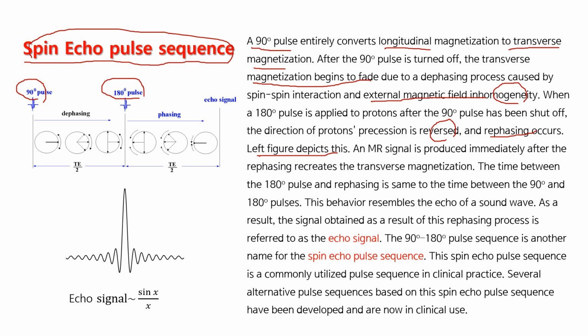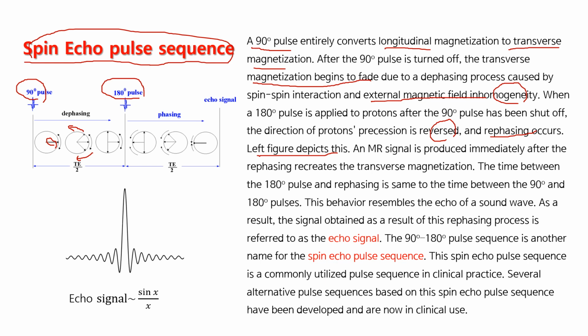Once the 90-degree pulse is turned off, the spins are dephasing due to the spin-spin interaction and magnetic field inhomogeneity.